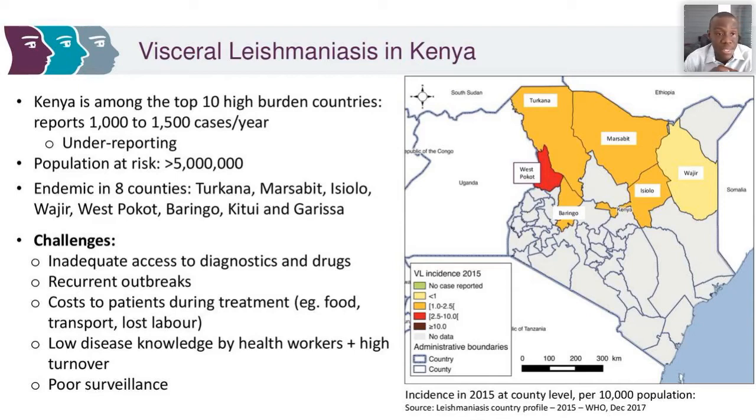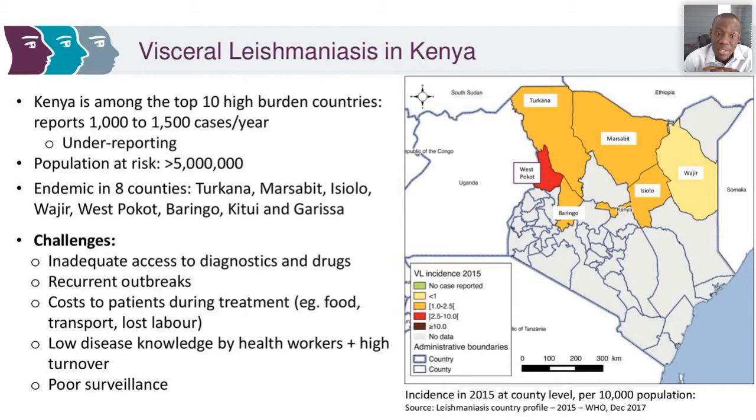But the main challenges basically are inadequate access to diagnostics and drugs. There are recurrent outbreaks. The cost to patients and to the health system is huge in taking care of the patients, providing their food, their admissions, the labor. There's also low disease knowledge by health workers, made worse by high turnover, so we have to keep training health workers constantly.